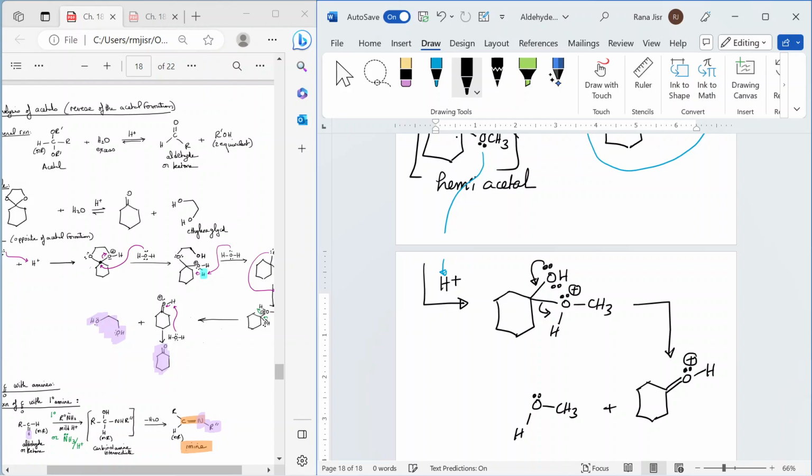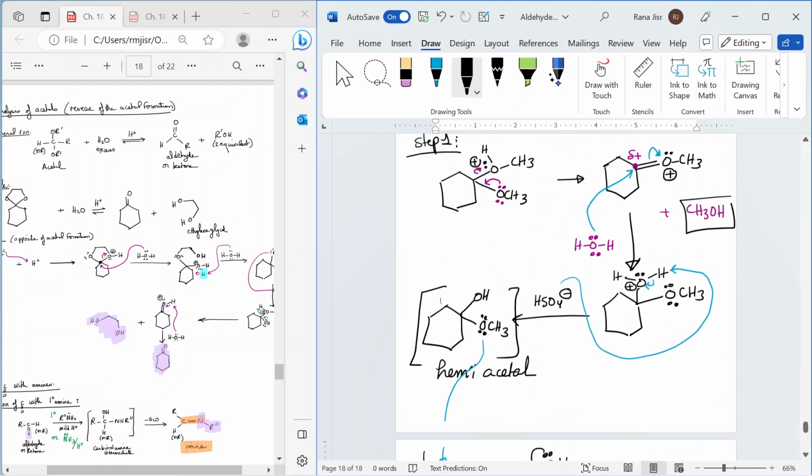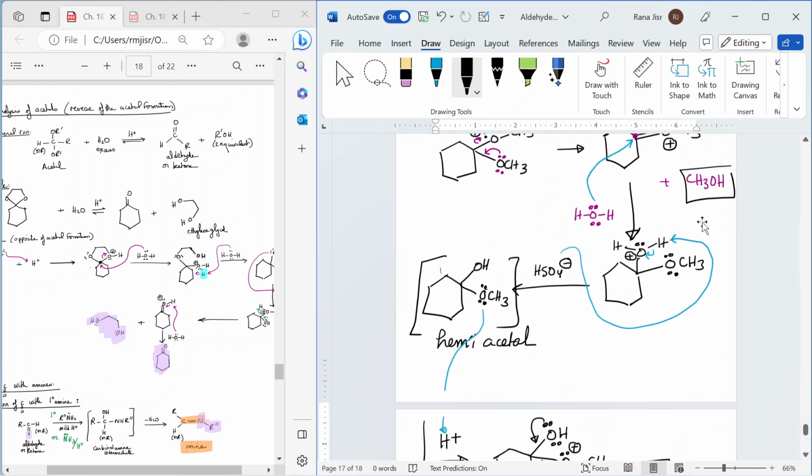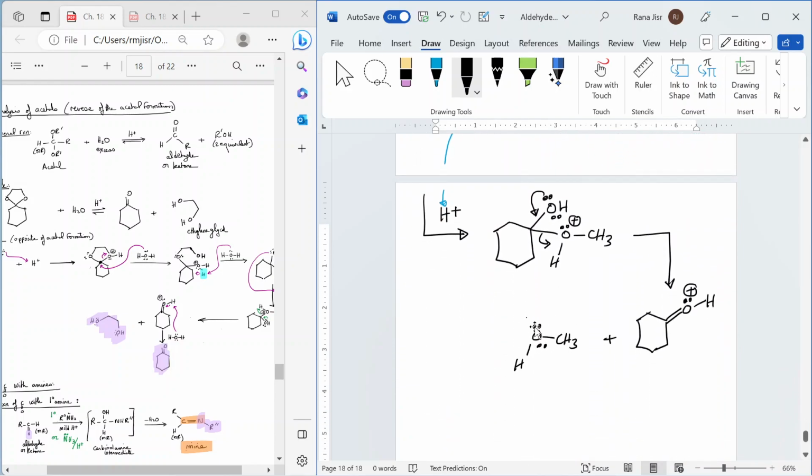This is our second mole of the alcohol over here. So we kicked out our first mole of the alcohol, and now we're kicking out our second mole of the alcohol. We're returning back to the carbonyl, so all we need to do is use the base again, any base in the solution, and that's going to come take that acidic hydrogen, and you're going to end up getting your carbonyl.